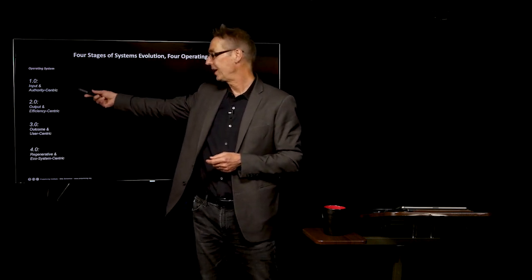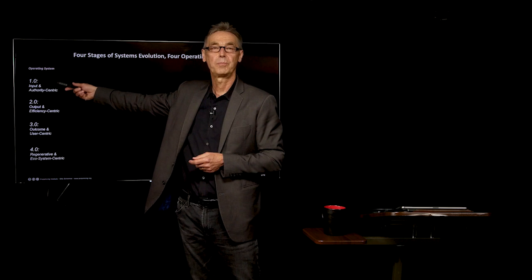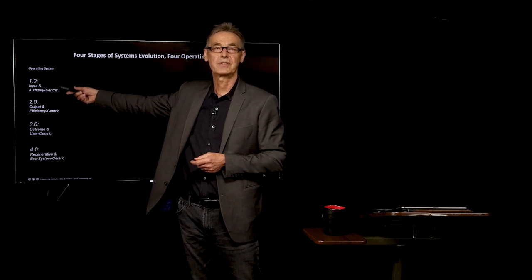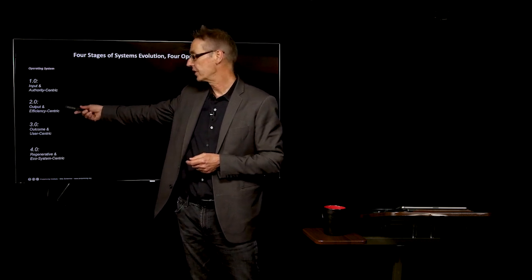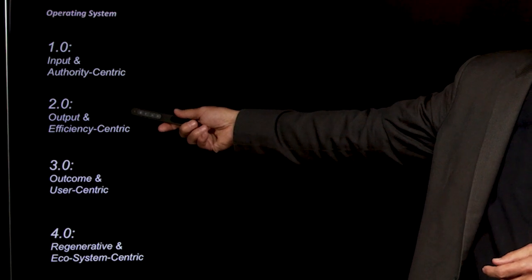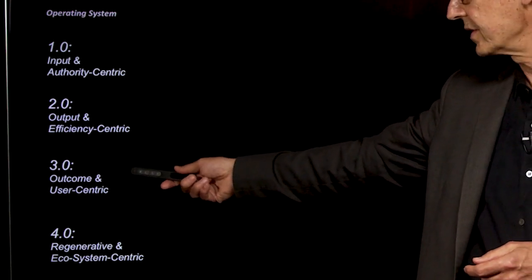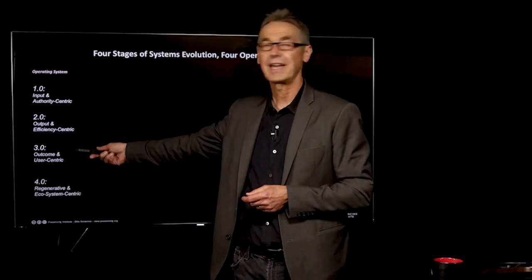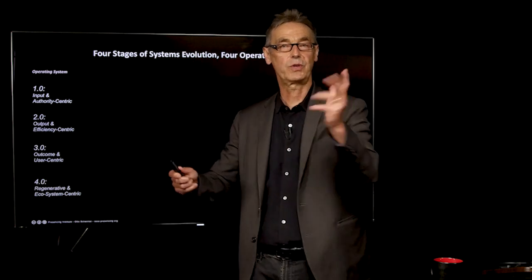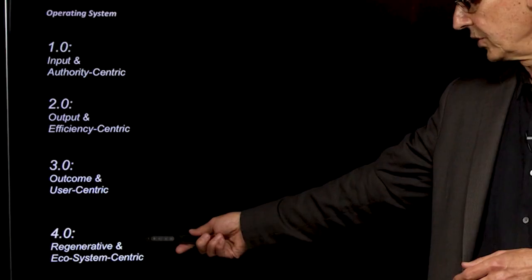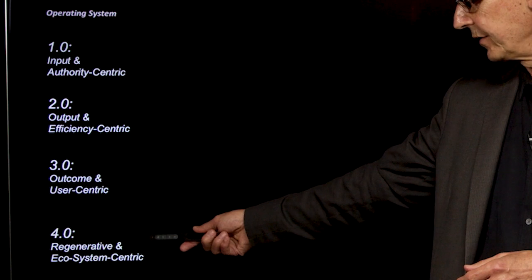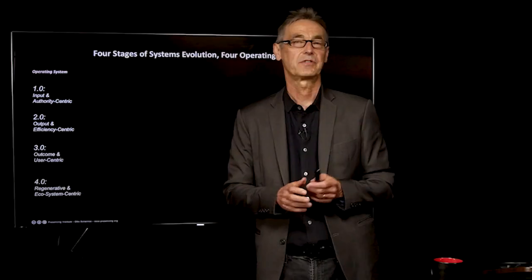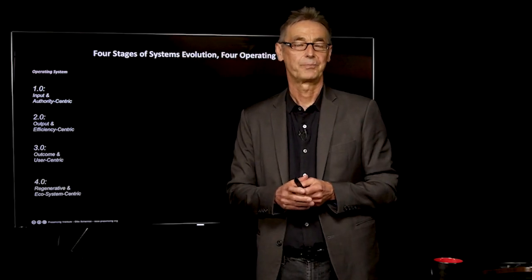And the main arc is from 1.0, authority and input centric, to 2.0, output and efficiency centric, to 3.0, outcome and user centric. Now you switch the perspective to the user, and then finally 4.0, regenerative and ecosystem centric.